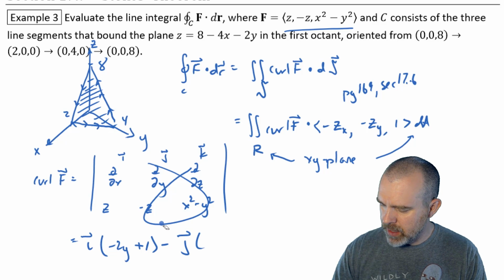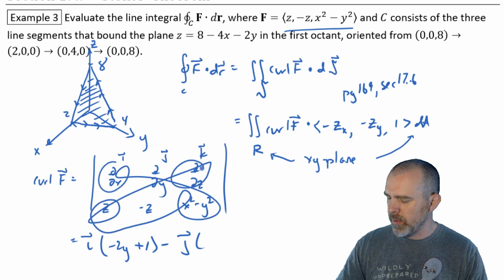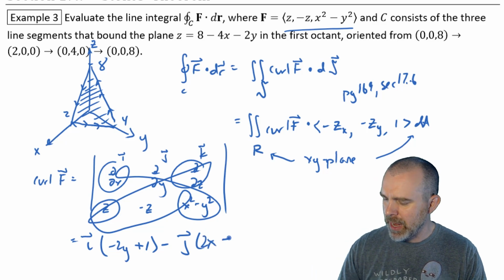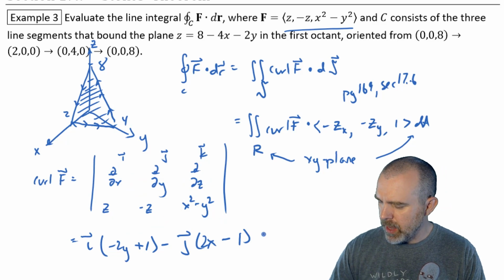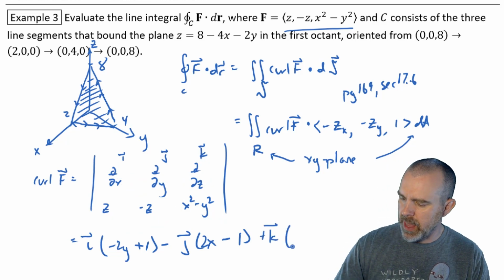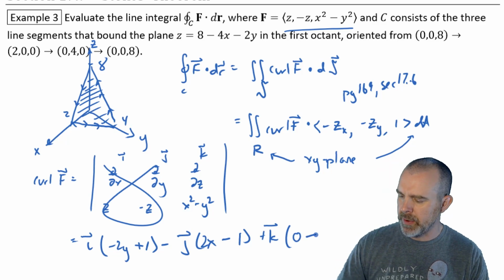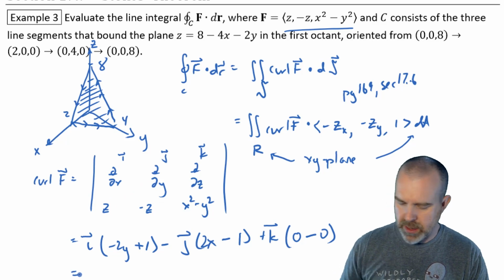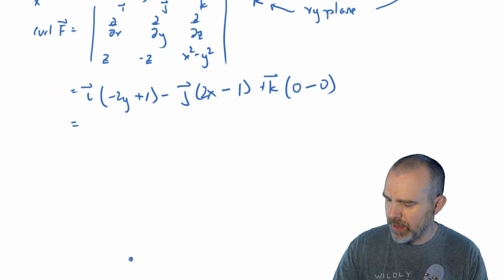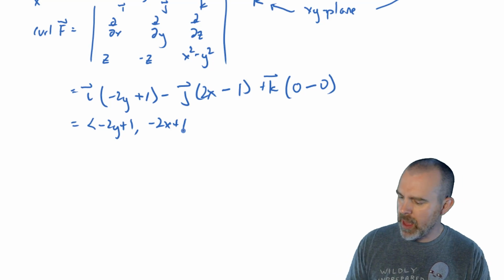Minus j times, partial derivative with respect to x, 2x, minus partial derivative with respect to z, 1. And then plus k times, partial derivative with respect to x, that's 0, minus partial derivative with respect to y, 0. Okay, not too bad. Could be worse. Negative 2y plus 1. Negative 2x plus 1, distributing the negative in there, and then 0.